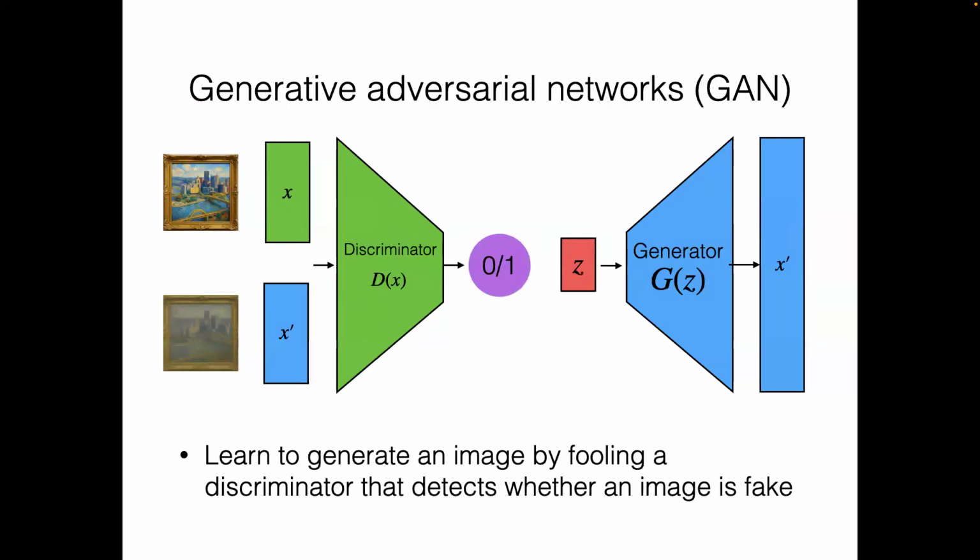GANs are slightly different from both of those two. Here you come up with a clever adversarial game. Again you have two models, but one is called the discriminator and one is called the generator. Sometimes you give the discriminator a real image, and sometimes you give it a fake image.